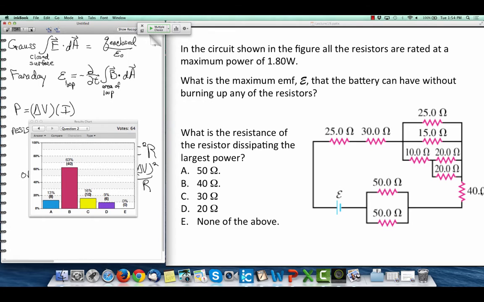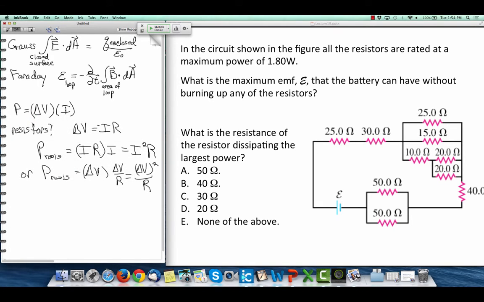That's the one that you have to worry about. You know that 1.8 watts is what it'll take, and the power is 1.8 watts. The resistance is 40 ohms. That tells you what the current in that circuit can be right away, the maximum current.